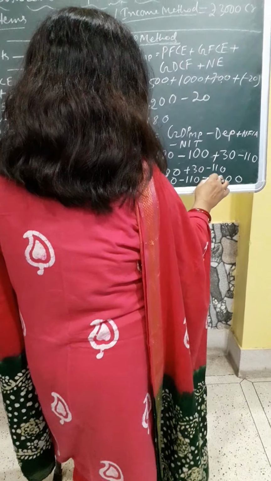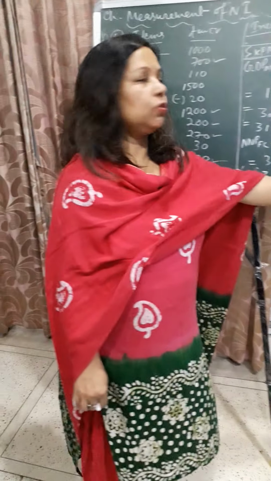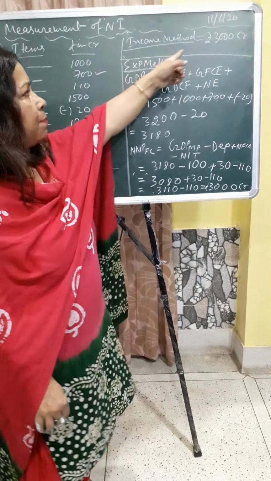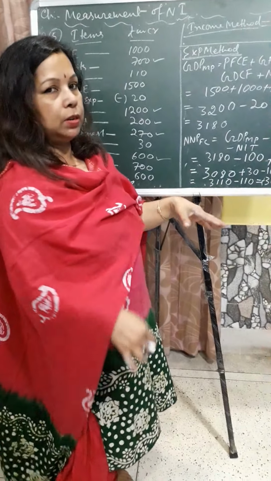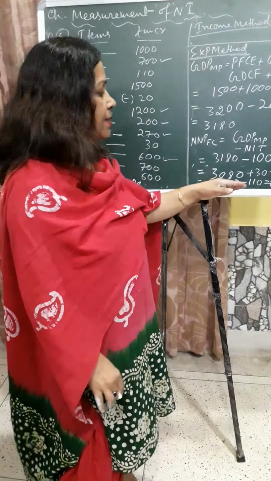So in the expenditure method we get the result 3000 crore, and in the income method 3000 crore. So in both methods we get the same value, so the numerical is correct.